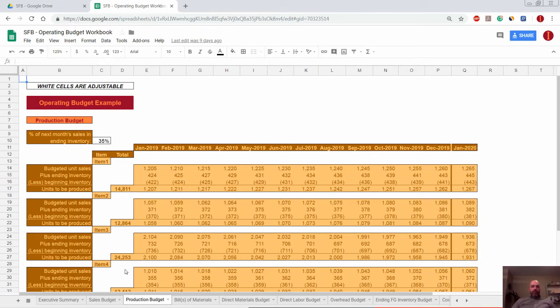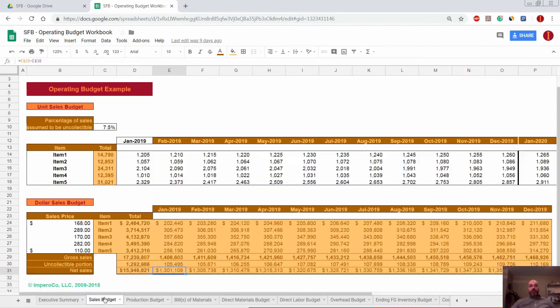With all the worksheets in here, all the sub budgets, there's relatively little information you have to enter. Like I said, the thing that's going to have the biggest effect across everything is what gets entered on this sales budget. You can see it's pretty straightforward. Enter units, enter sales price.